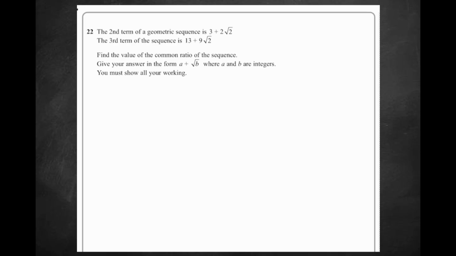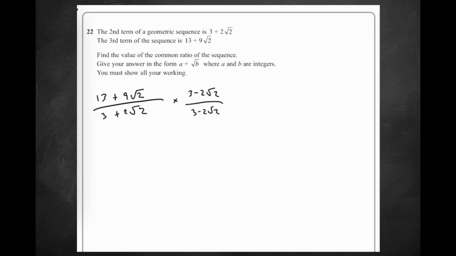So what I'm going to do is 13 plus 9 root 2 divided by 3 plus 2 root 2. The best way to do this is to rationalize the denominator, so I need to times both by 3 minus 2 root 2.